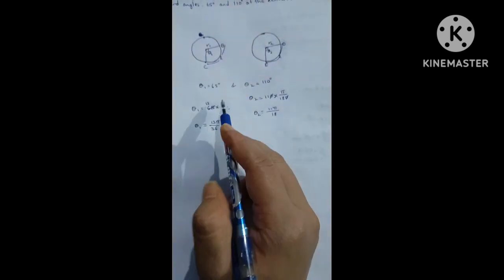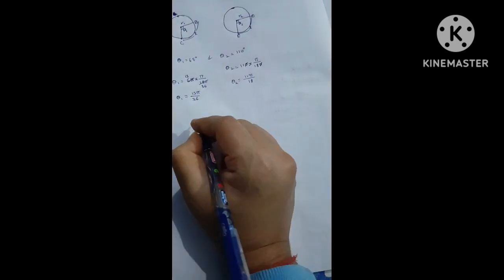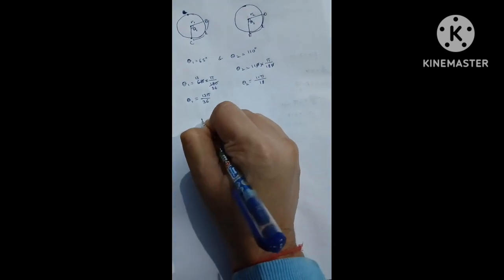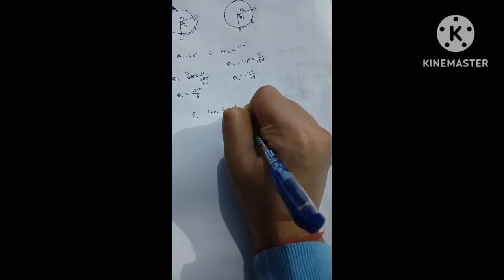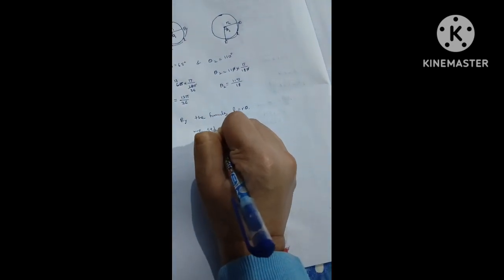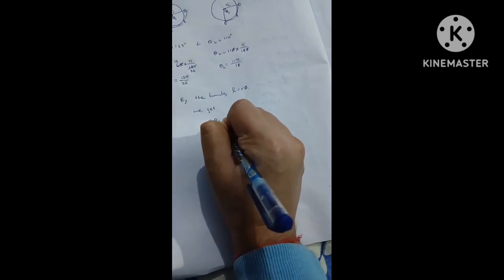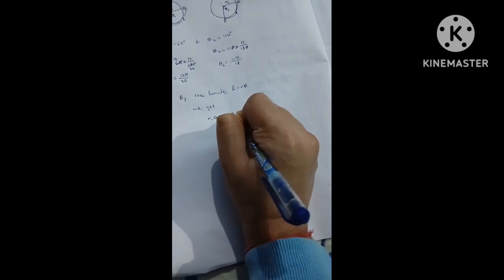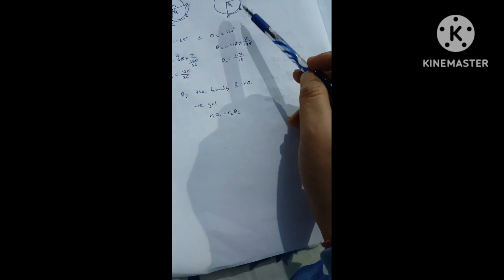Now we have to find the ratio of the two radii. By the formula, L equals R theta, we get R1 theta 1 equal to R2 theta 2, because the arc length is same in both the circles.